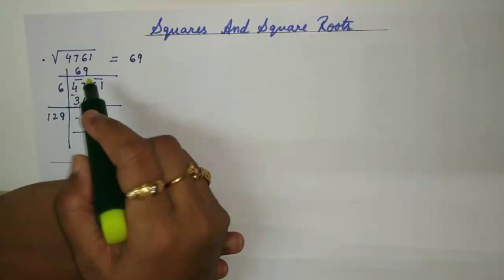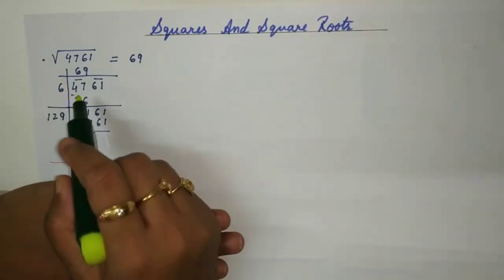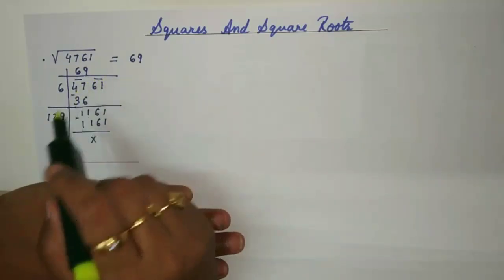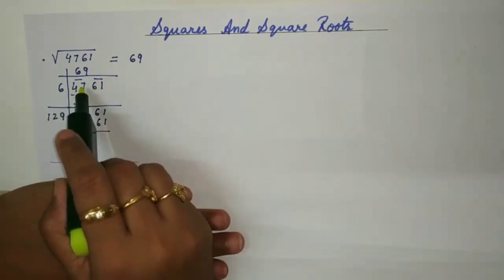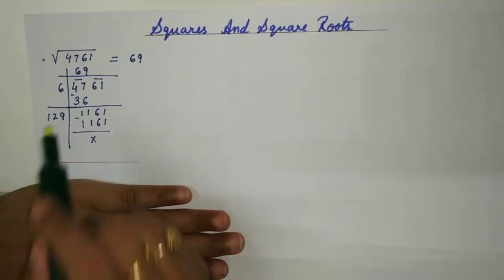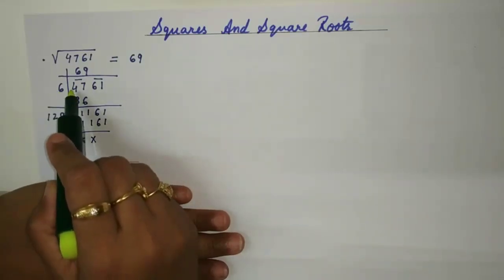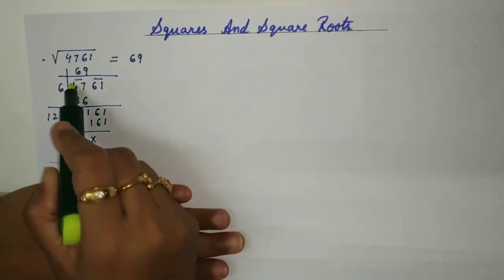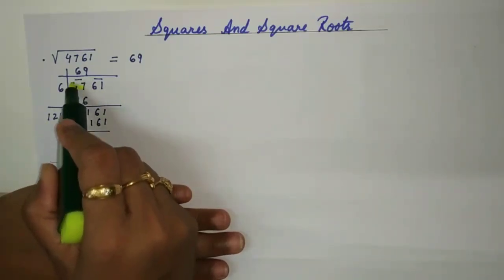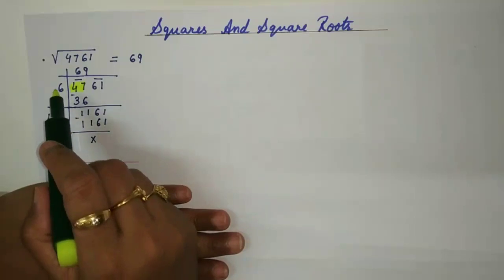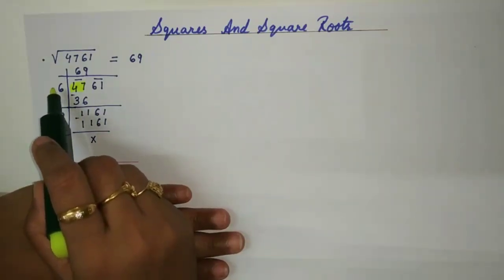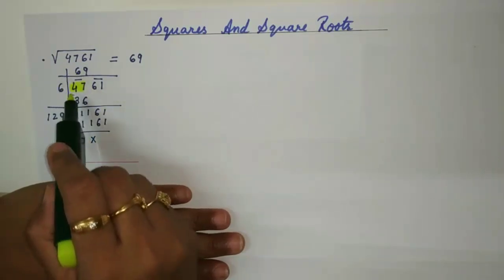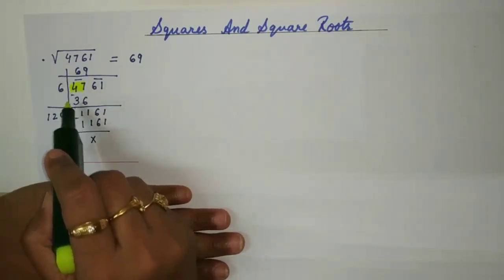Same here. First step, I am repeating once again, whatever is the given number, pair the number from the right side. So 61 paired, 47 paired. Now the first number that is there in front of us is 47. Now we have to look for a divisor which when multiplied by the same number is equivalent to 47 or less than 47.